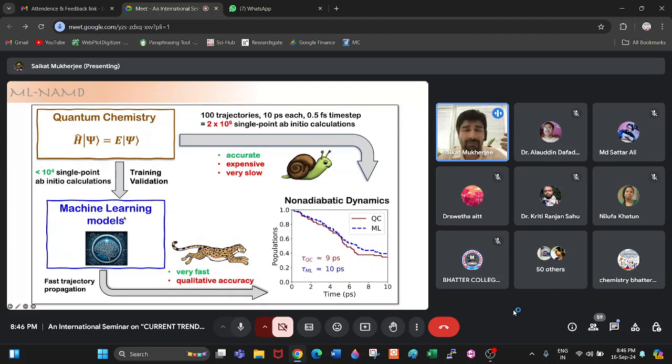And then from this machine learning model, I ask, please give me energies and other quantities to propagate my trajectories. It will be very fast because it is not solving any quantum chemistry codes. It is analytical, so it will be very fast. And we have to work on how good our machine learning model is, but more or less we can reach qualitative accuracy. This is the basic schematic idea.